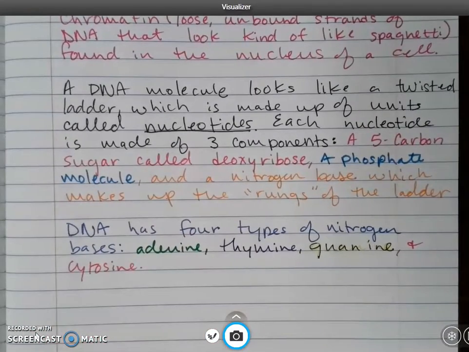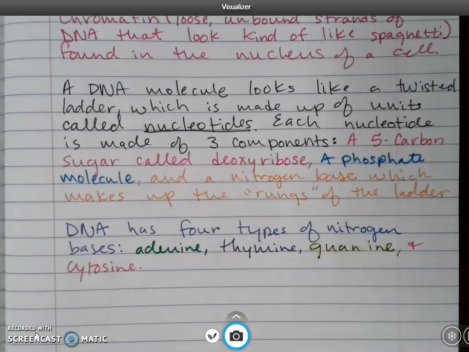So those 4 nitrogen bases can be found in DNA molecules. They are the rungs of the ladder, which we're going to draw on the next page.